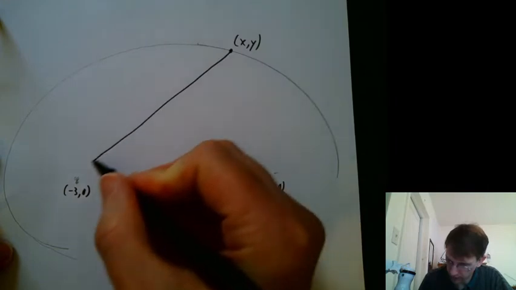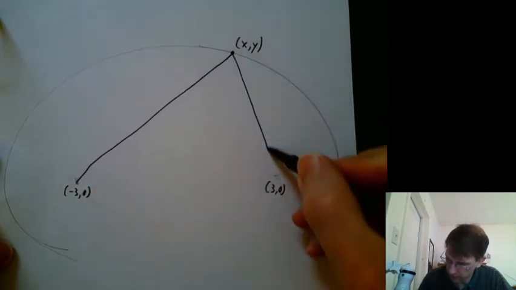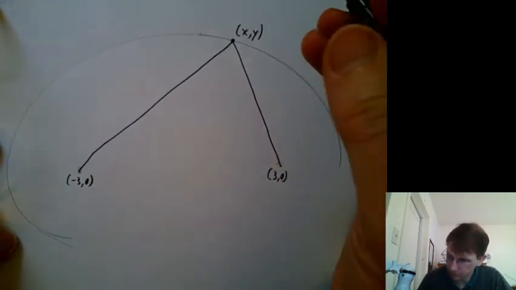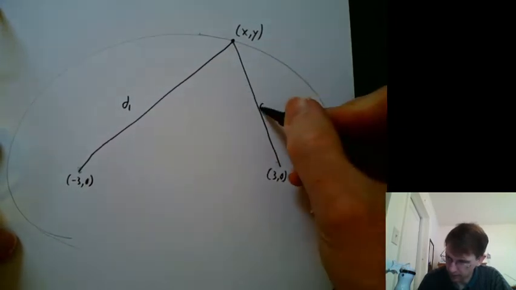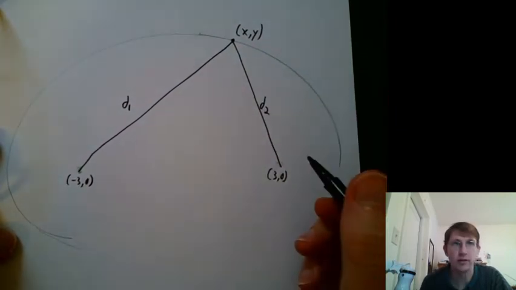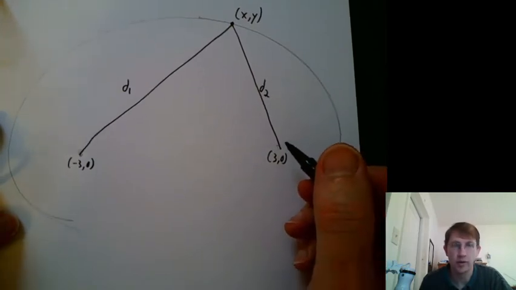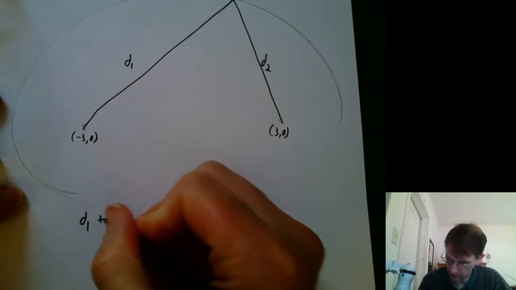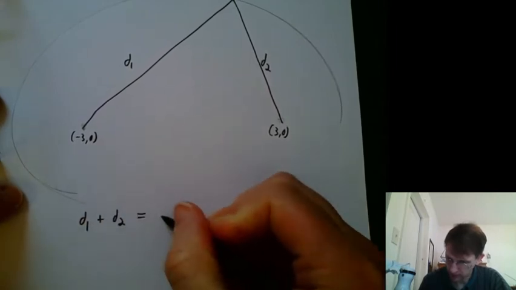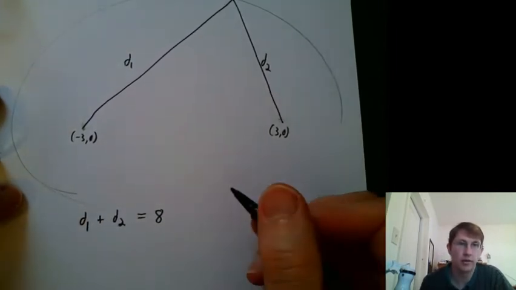So I had something like that, and something like that. Let's call this D1. Let's call this D2, D for distance. So then what we're saying is that D1 plus D2 has to equal 8 as it was in the problem.